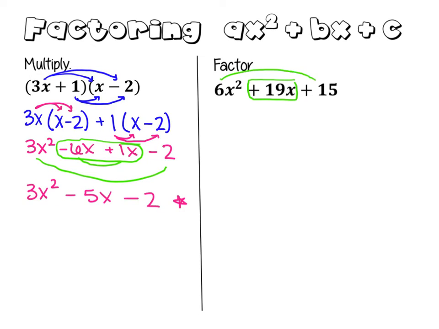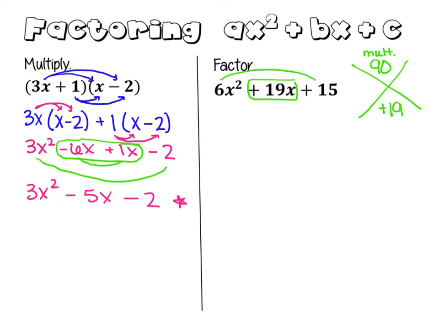So if I multiply 6 and 15, I know I need 2 numbers that multiply to 90, but also add up to positive 19. Right, so we're using our x the same way we did with the box method. So what are my 2 numbers that multiply to 90 and add up to 19?